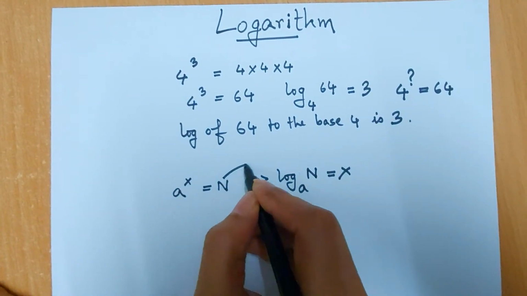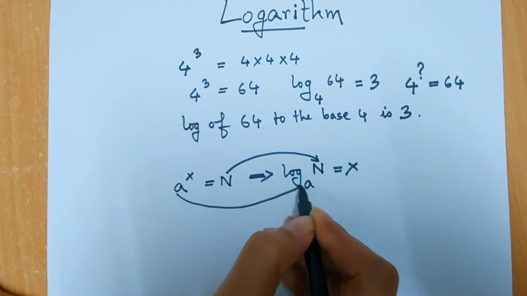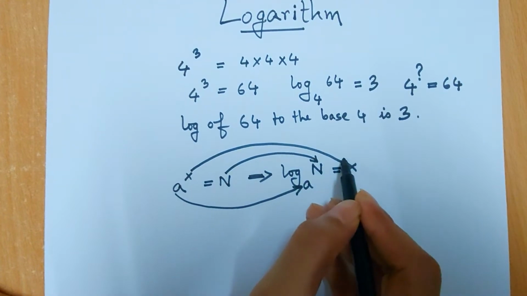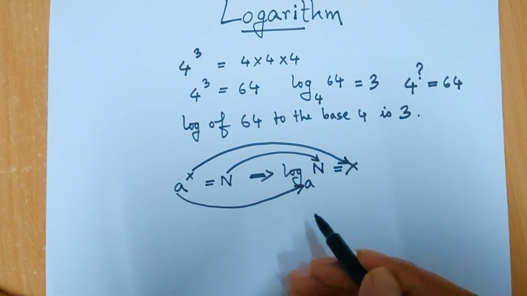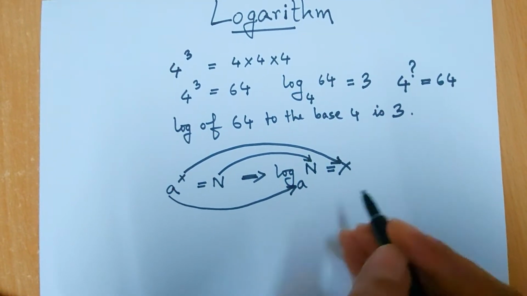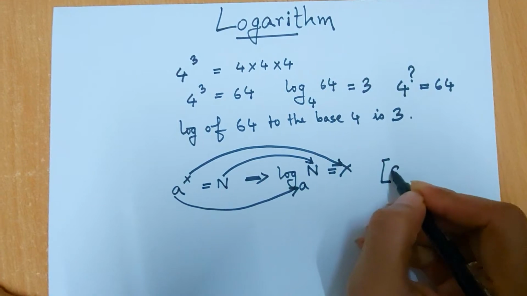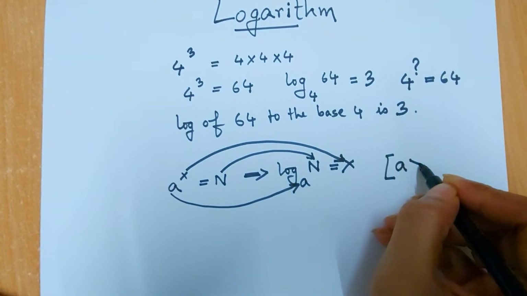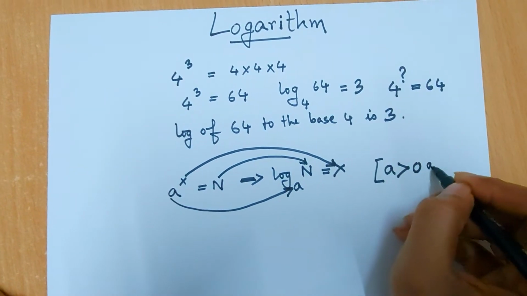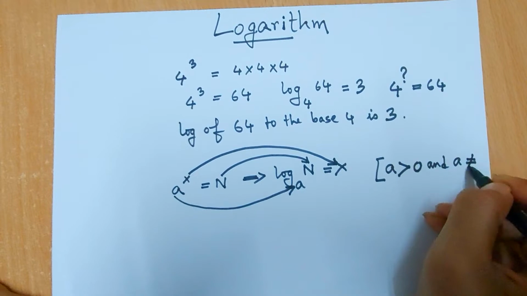N is the number that belongs to log, a is the base, and x will be the answer in log. But here are some conditions with the base: the base a will always be greater than 0 and a cannot be equal to 1.